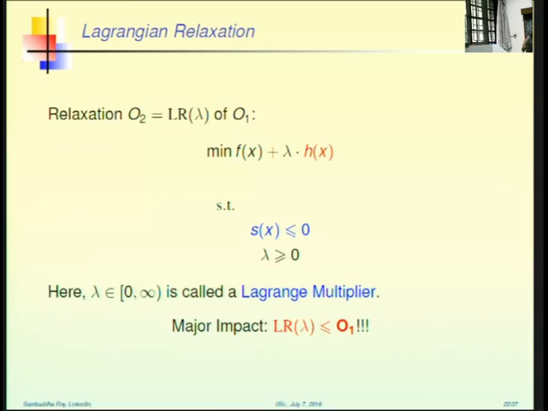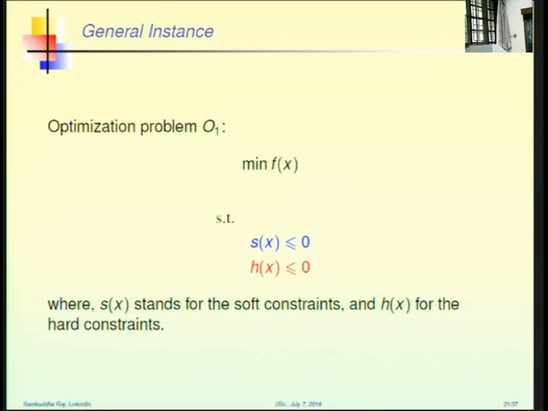So the same x would surely be feasible for this. And if you notice what happened to the objective function, it did not increase. It may lower, but it did not increase. Why may it lower? Because for that point x that we chose, h of x may be -1.